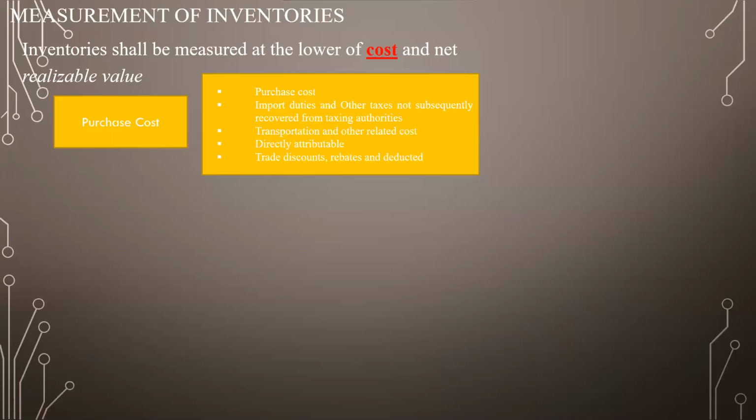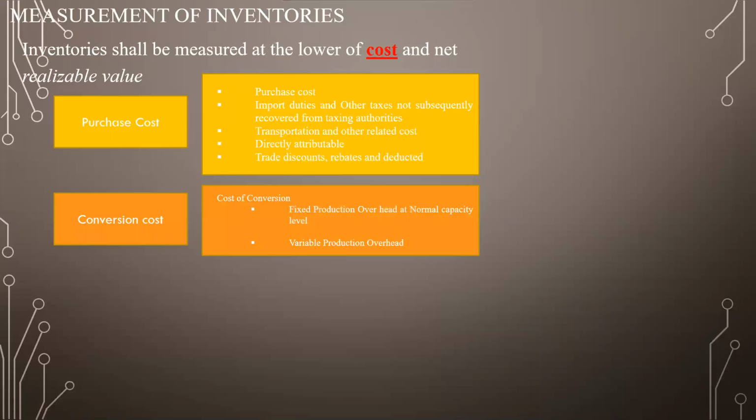Once we receive the material inside my factory premises, the next important factor is converting that purchased material to sellable goods. So that is why the next thing is the conversion cost. Broadly, when we convert the material, there are two kinds of costs that we incur. From a cost accounting perspective, we would all be able to relate to it.